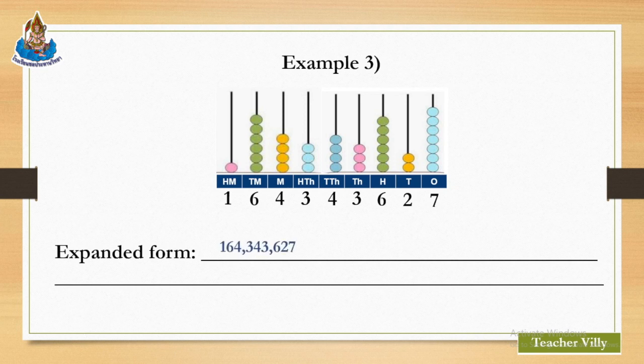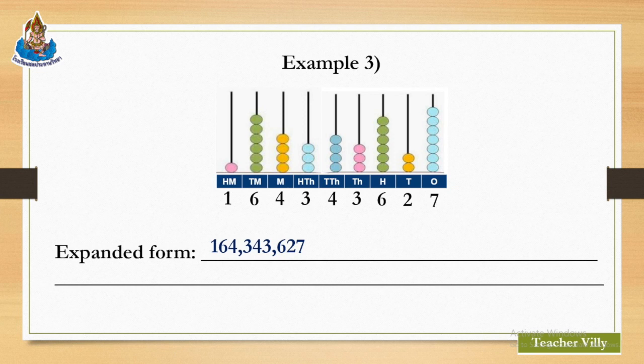So we have the number. I'll repeat. 164,343,627. So the number can be written in expanded form as, what is the value of the digit 1?